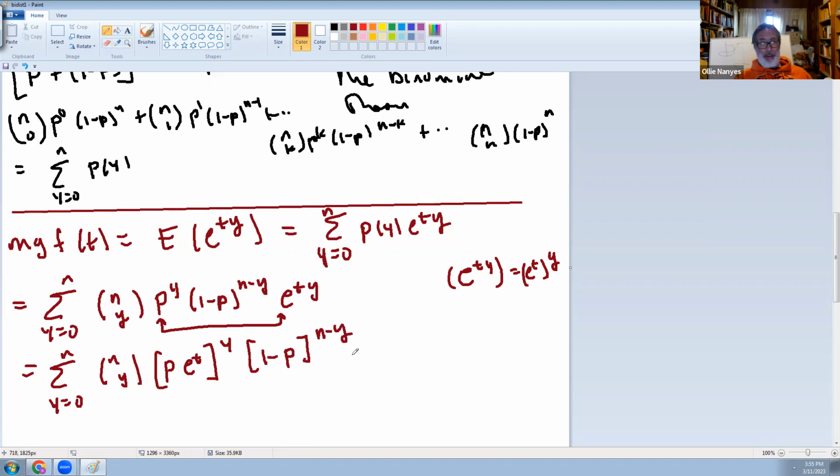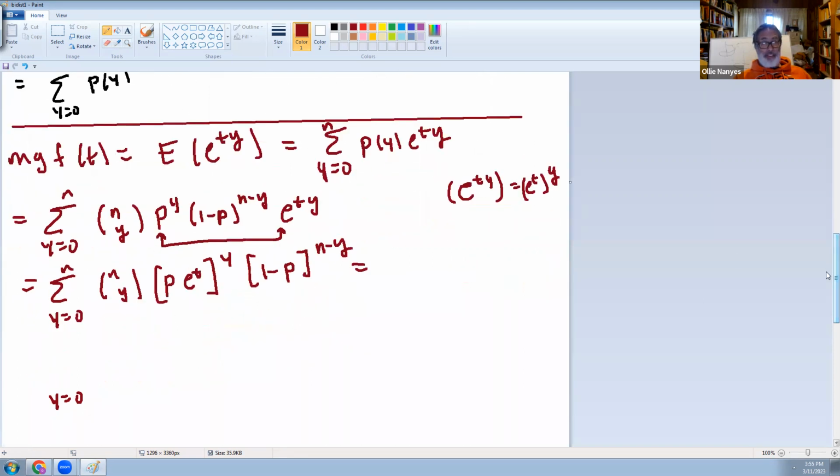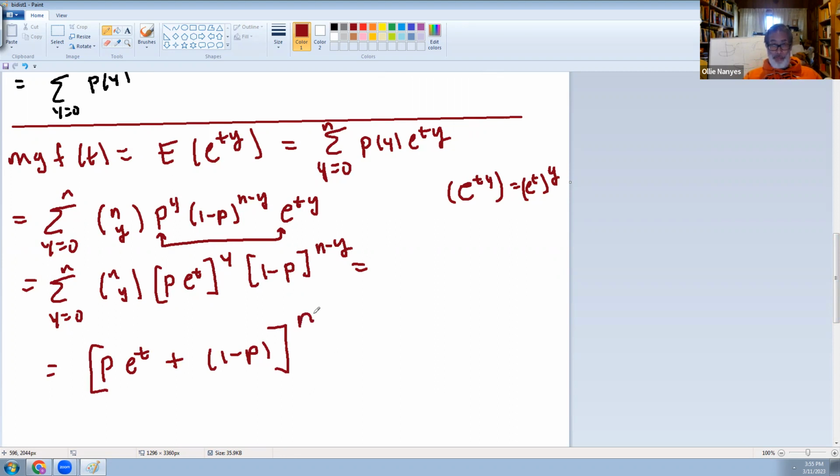And now by the binomial theorem, you can see just how useful this is. This is one of the terms, and this is the other term. So this is going to be (p e to the t plus 1 minus p) all raised to the nth power. And that is going to be the moment generating function for t.